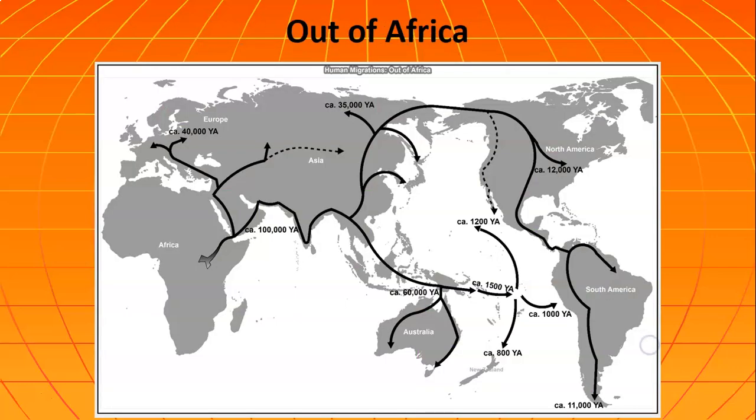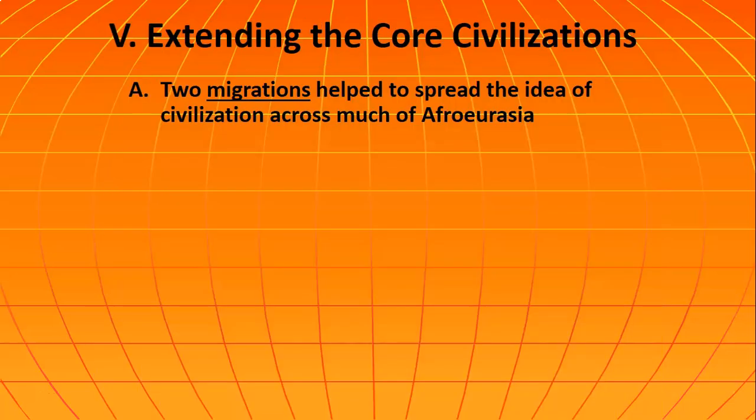I want to remind you that early on in the ancient period, out of Africa migrations are the earliest migrations of humans, beginning around 100,000 years ago, moving from Africa into Asia, Australia, Europe, and the Americas. That's a very old migration route.